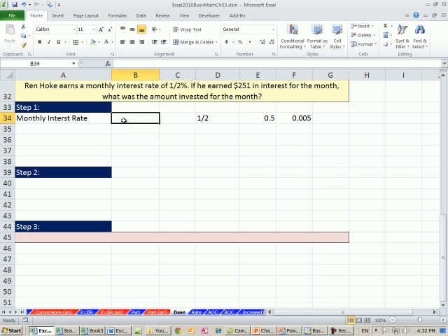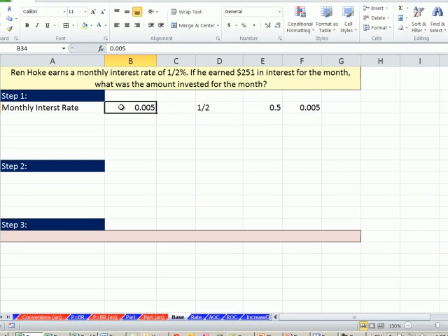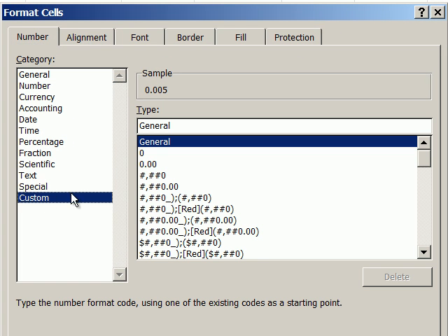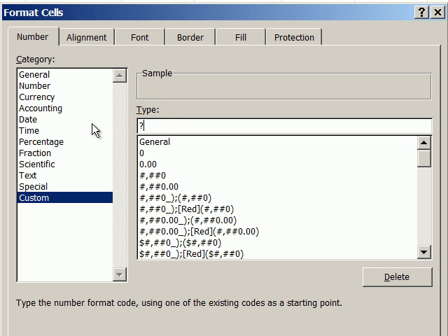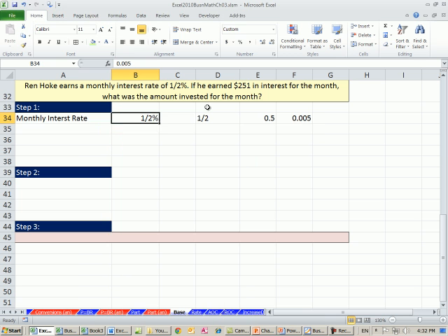All right, so let's go ahead and put that over here, 0.005. And I'm going to format this, Control-1. Number, we're going to go custom, and just question mark slash question mark and percentage symbol. That's so cool, so we can do fractional percentages. Monthly interest earned.